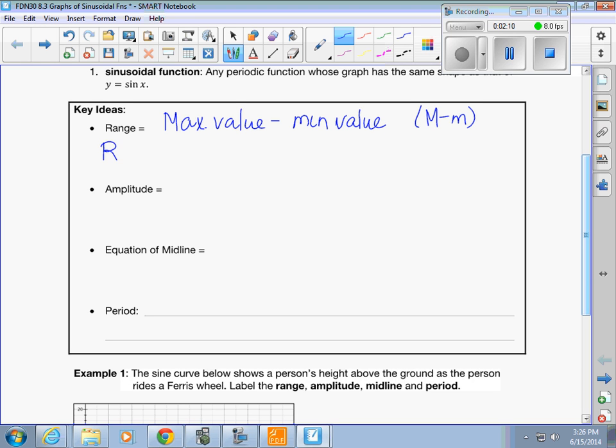So your range, when you go to write it out as domain and range, is a set of values for y where minimum is less than or equal to y is less than or equal to the maximum, and y is an element of real numbers. So your range is always in between your minimum and your maximum value, which only makes sense because that's as far up or down as you could go.